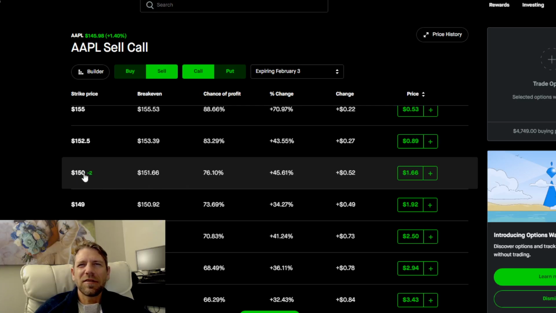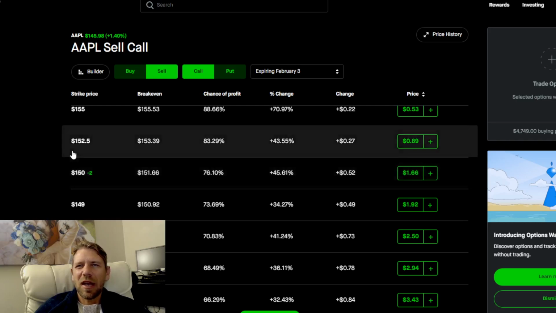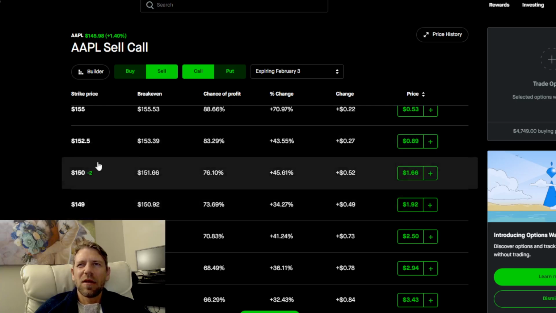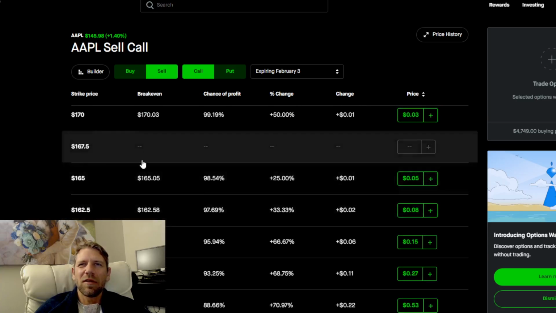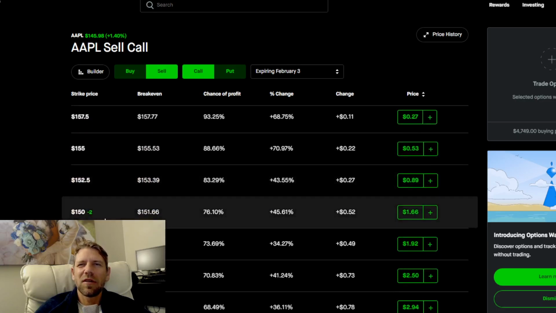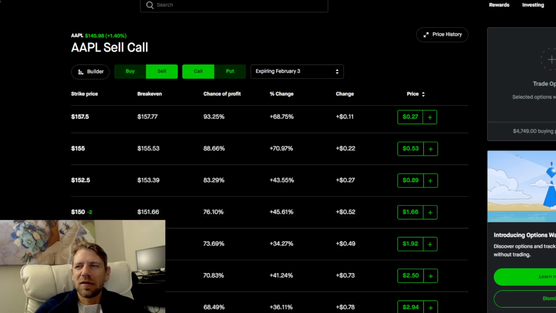So 150 times 200 shares and 166 times 2. That's the cash that I would receive in my account. But I would not get any of the gains above that level. Even if Apple is at 170, 200, someone else is going to get those gains. Now, who is that someone else? That's right, it's the person on the other side of the trade.